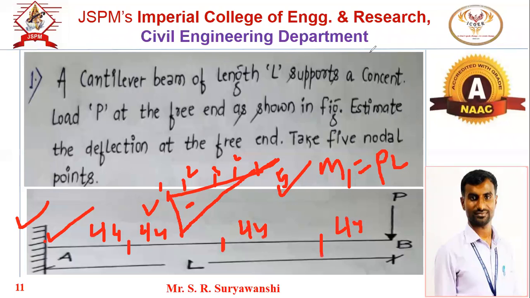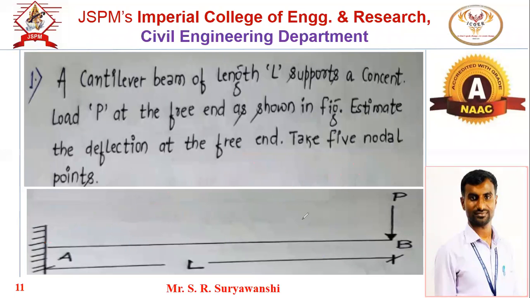Now, what is the maximum deflection at free end? This is the standard case, and the value of standard slope deflection we should know. We have already studied it in SA1. So what will the maximum deflection be for this standard case? For a cantilever beam subjected to point load at free end, maximum deflection will occur at the free end, that is at point B. What is that value?